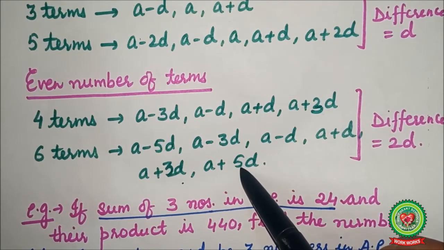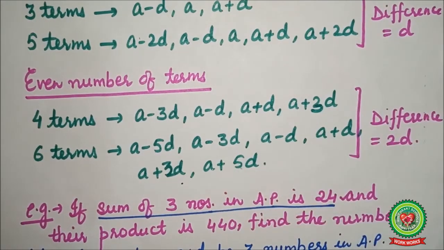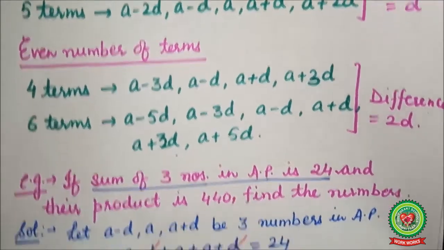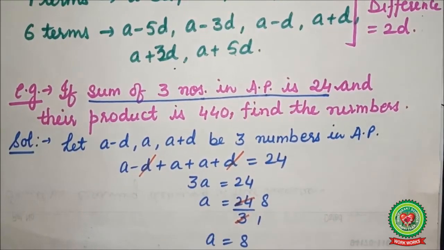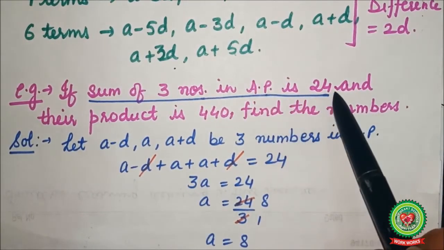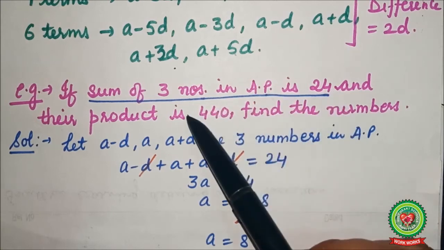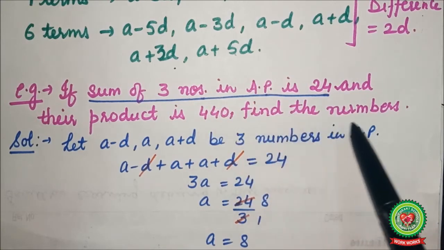Now, on solving the question based on these types, we have to be very careful regarding the selection of the terms. Let's take example of odd number of terms in AP. That is, if the sum of 3 numbers in AP is 24 and their product is 440, we have to find the numbers.